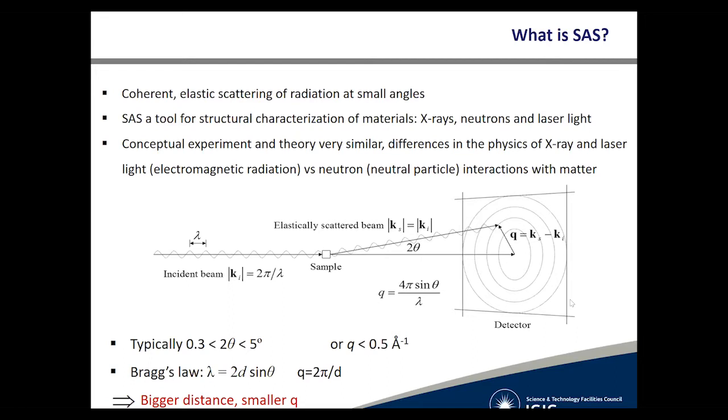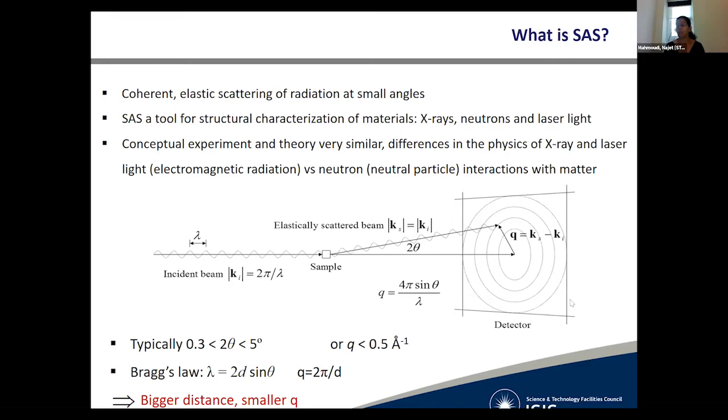So as I said, conceptually, it's really very simple. All you do is shine radiation on your sample, and it's detected at an angle 2 theta that is between 0.3 and 5 degrees. This gives you a wave vector that is smaller than 0.5 inverse angstrom. Scattering is a diffraction, actually.